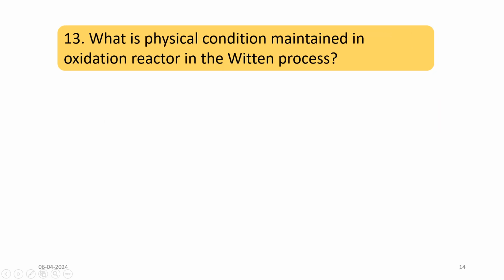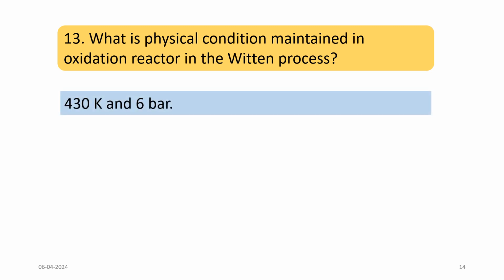Next question, what is the physical condition maintained in the oxidation reactor in the Wheaton process? The answer is 430 Kelvin and 6 bar.